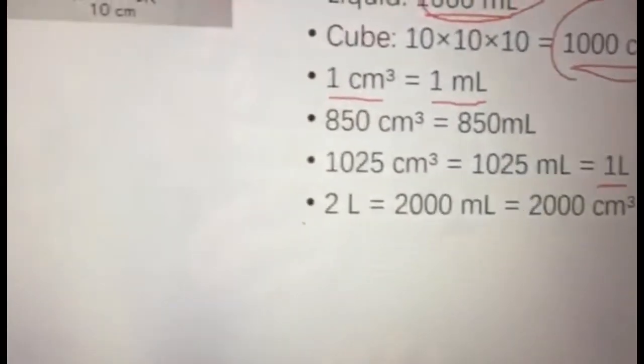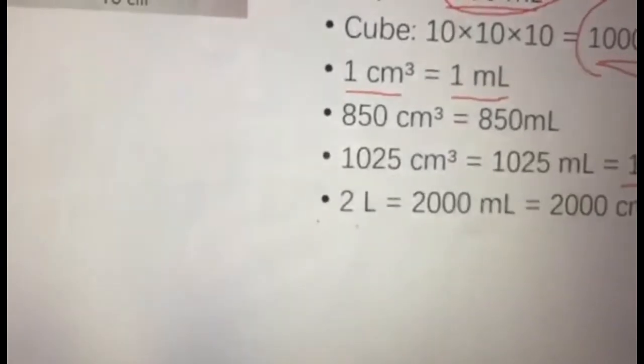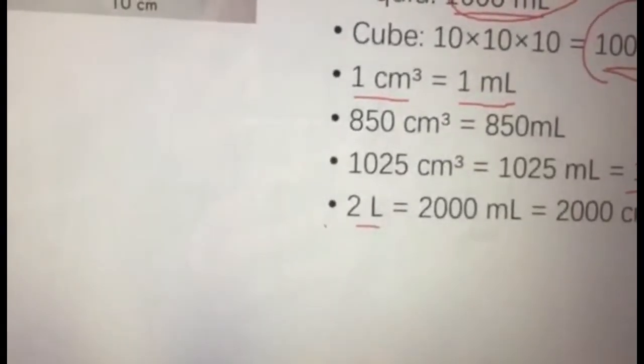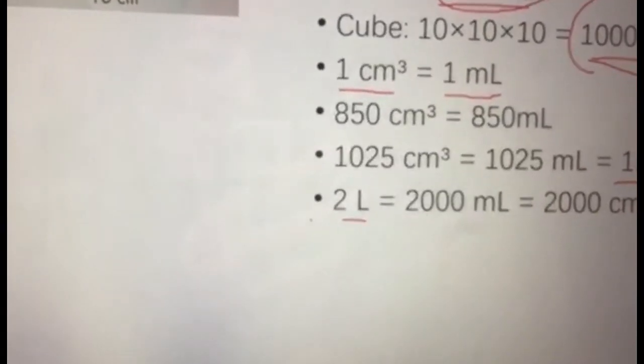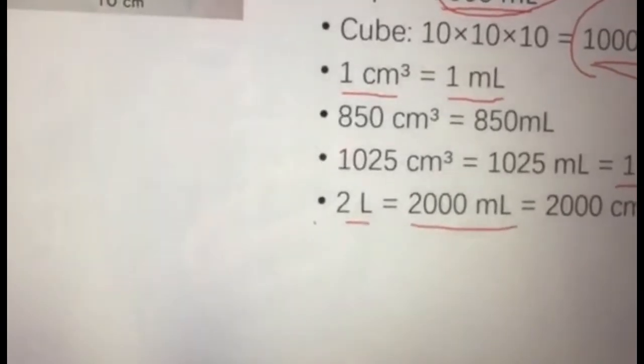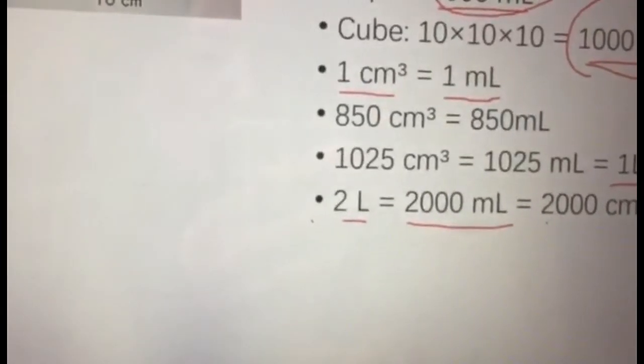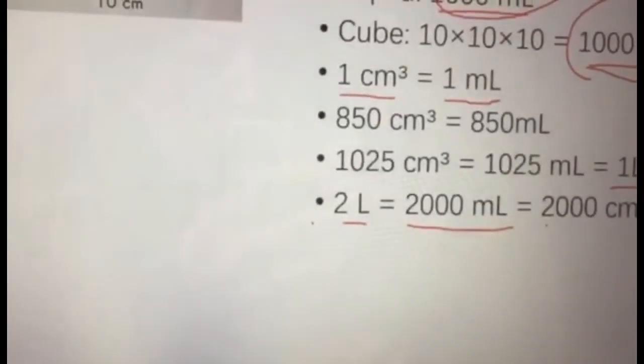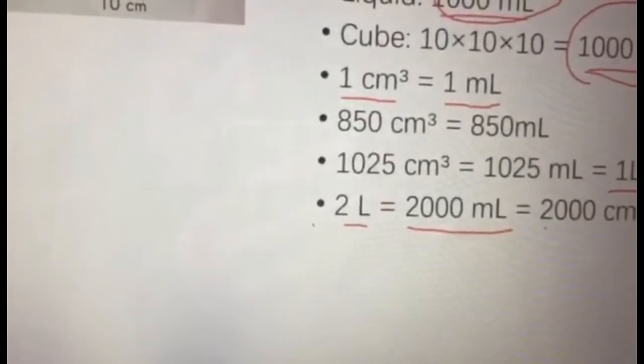And in the same way, converting liters into cubic centimeters, 2 liters would be 2,000 milliliters, and it would be 2,000 cubic centimeters. Isn't that easy, guys?